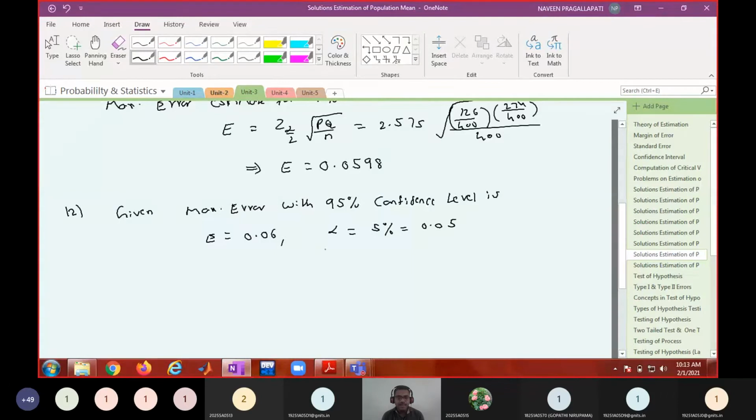So alpha by 2 equal to 0.025. This implies Z alpha by 2 is equal to 1.96.